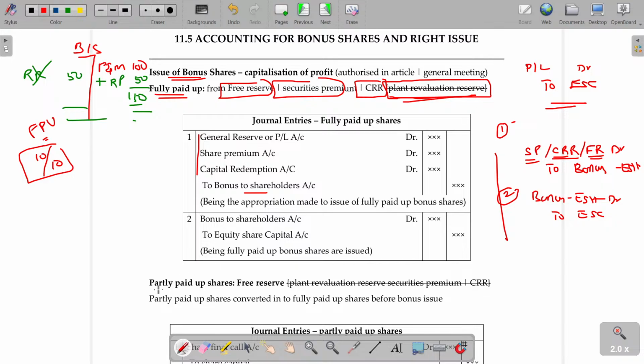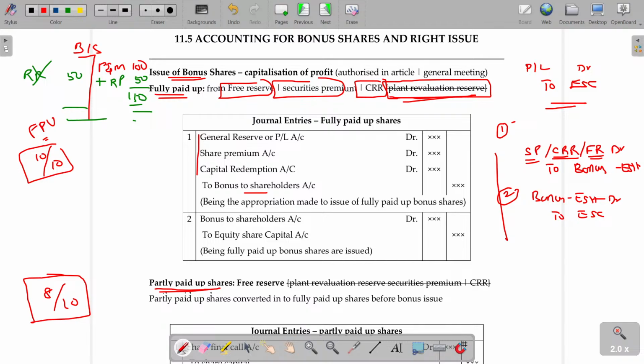In case of partly paid up shares, the share is 10 rupees, but only 8 rupees is paid up. The remaining 2 rupees you have to pay. Meanwhile, with the 8 rupees, they operated the business and a huge profit came. Rather than giving this as a dividend and collecting 2 rupees from you, the company now announces, don't pay the 2 rupees, it's free.